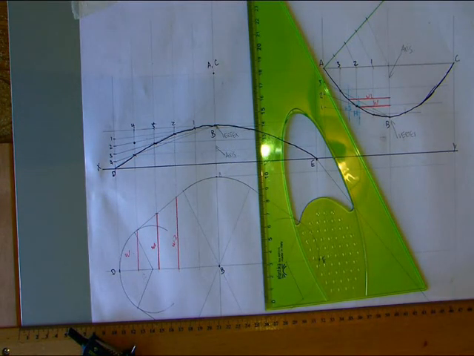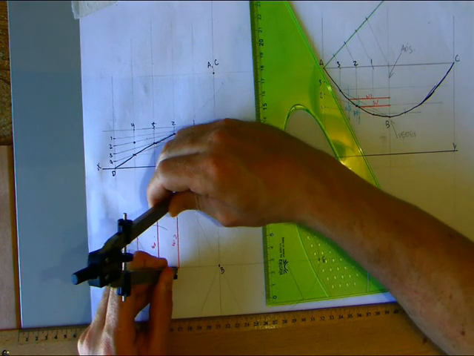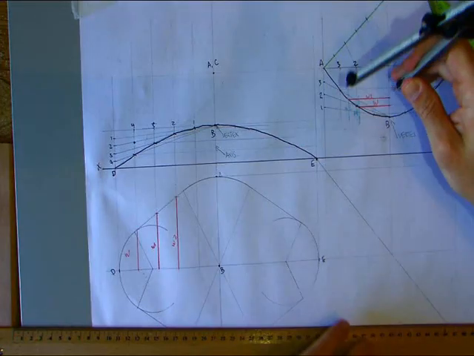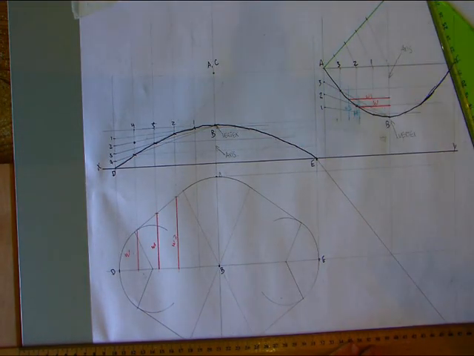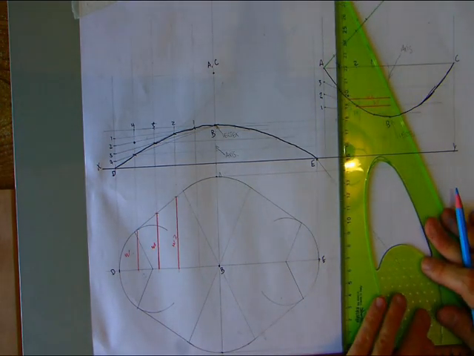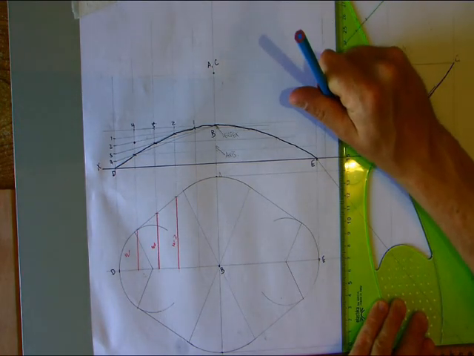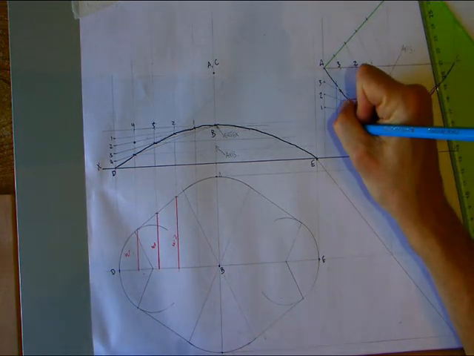Take width 2 and measure that with the compass. Return over here, we mark it in, draw that cut, where does that cut? Again, that's H2.